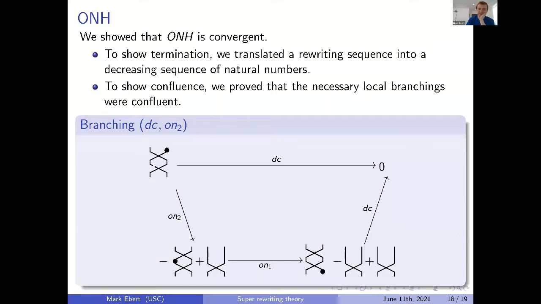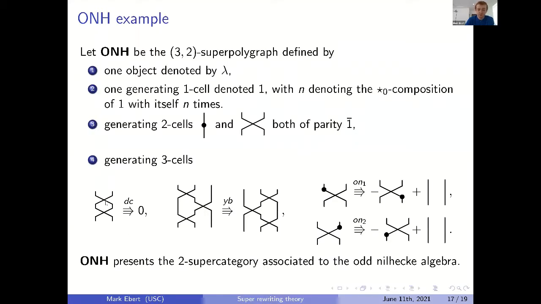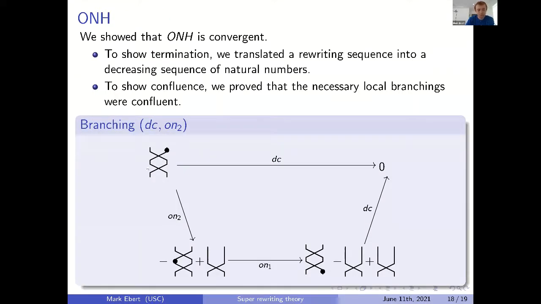As an example of a necessary branching, let's look at this one, the branching between DC and ON2. So we start at this picture at the top left. Looking back at DC and ON2, we can apply both DC and ON2 to this picture.